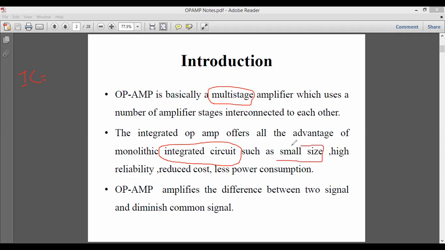Because if you see an IC, sometimes the ICs are not at all visible. If you just look at the back side of your mobile phone, small ICs are deployed there on the PCB board. So they come in small size. That is why they are less costly. The cost of the device will be reduced if the size of the device is small. So small in size is nothing but reduced cost.